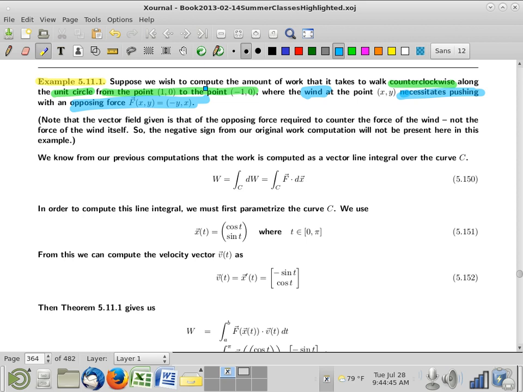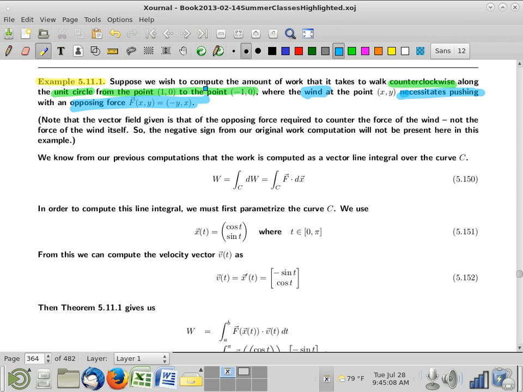Actually, no. Carefully looking at the phrasing in this question, I'm not telling you the force the wind is applying to me. I'm telling you the wind that I have to push back with. I'm giving you the opposing force that I am applying. So in some sense, the minus sign is already in there, as it were.